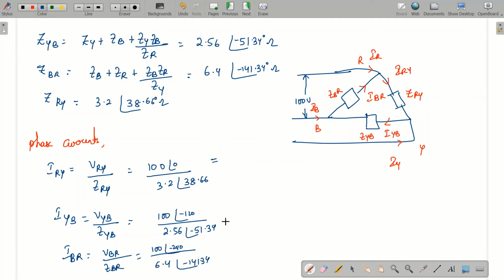Solve the three values and you get 31.25 at an angle of minus 38.66 amperes, 39.0806 at an angle of minus 68.66 amperes, and 15.63 at an angle of minus 98.66 degrees amperes. Understood clearly?